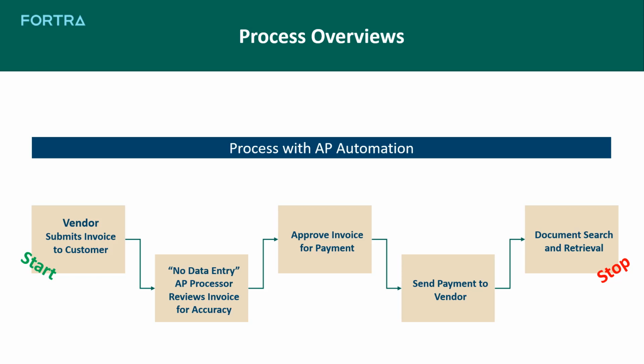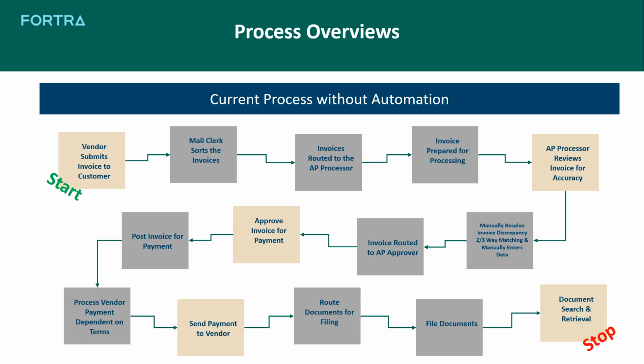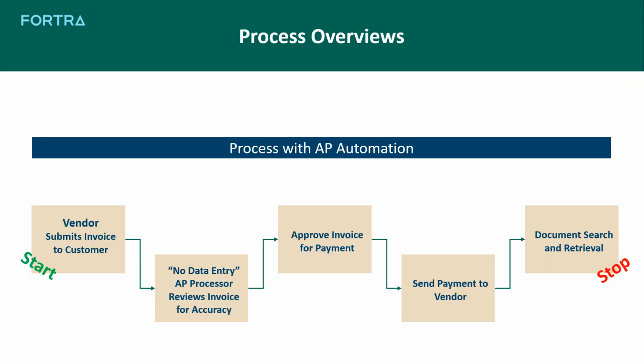So this is the true value of automation and what it really looks like to an organization, taking a 14-step process and driving it down to a 5-step process. Now, it's not always taking a 14-step process and driving it to 5. It might be 6, 7, 8 steps or something like that, but it's removing the manual, inefficient tasks.